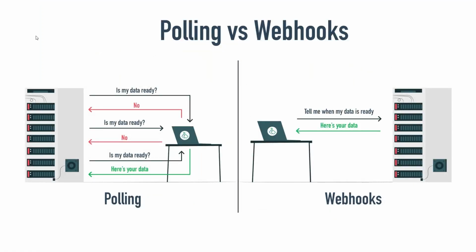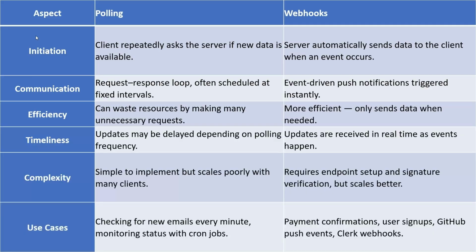So a lot of people get confused between long polling and webhooks. Long polling is a technique where your system sends a request to another server and waits for several seconds until there is new data to return. If nothing happens, the server holds the connection open, then eventually replies with nothing. Your system then repeats the process again and again.